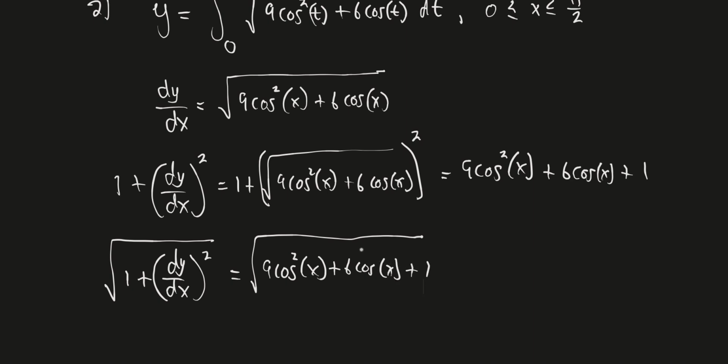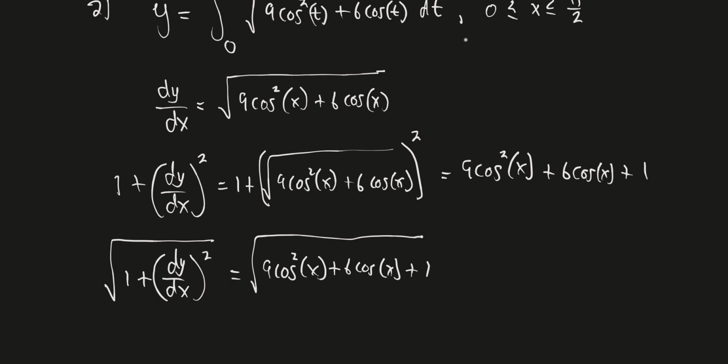Well, it goes back to something I said earlier. In these arc length problems, one of two things must happen for us to be able to evaluate them. We either need some kind of u substitution that will work, which I don't see how we're going to get out of this, or what's under the square root has to be a perfect square.